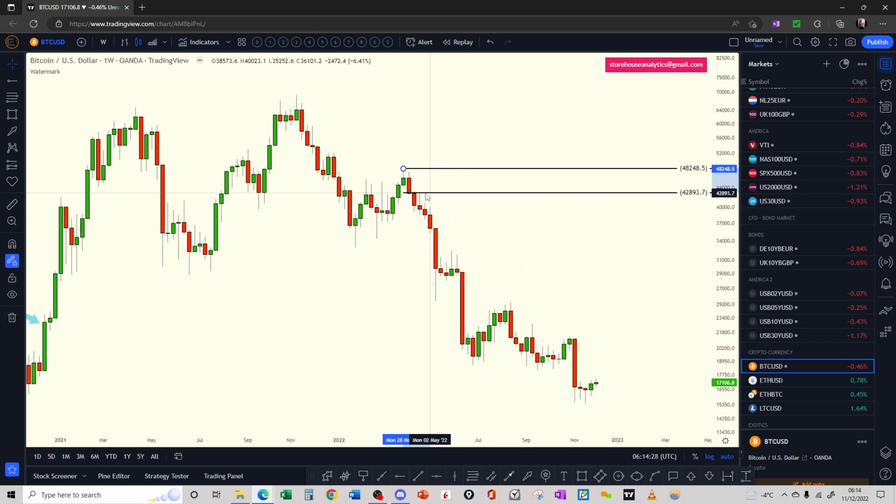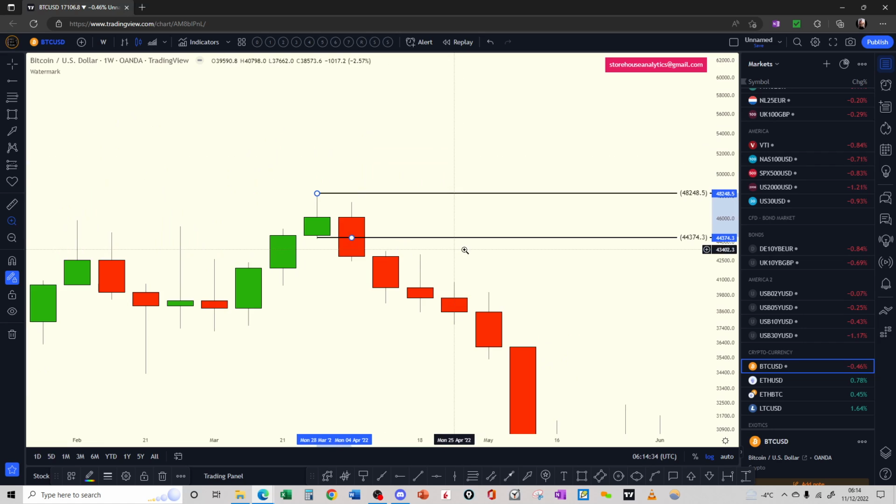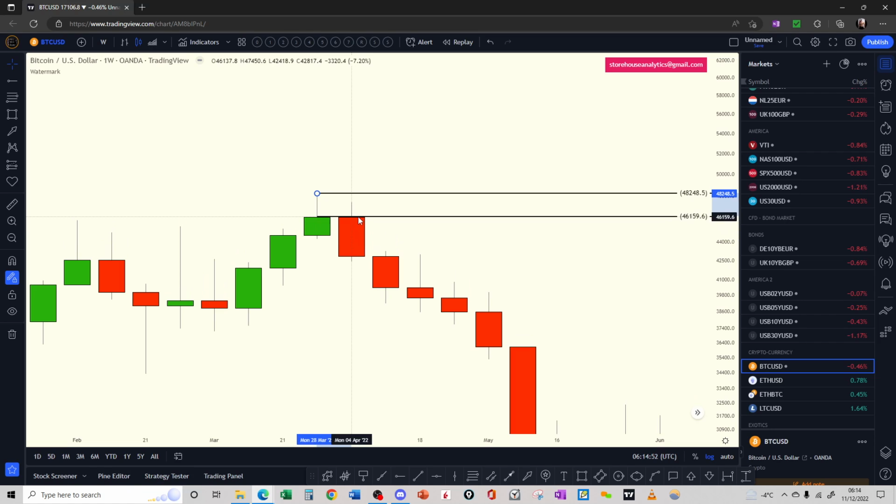Proximal line goes to the lowest price in the base, and I'm going to need to zoom in for this one because they're very similar prices so you can see it clearer. It can go to the lowest price in the base, it can go to the body of the candle preceding the move out, or it can go to the origin of the move out.